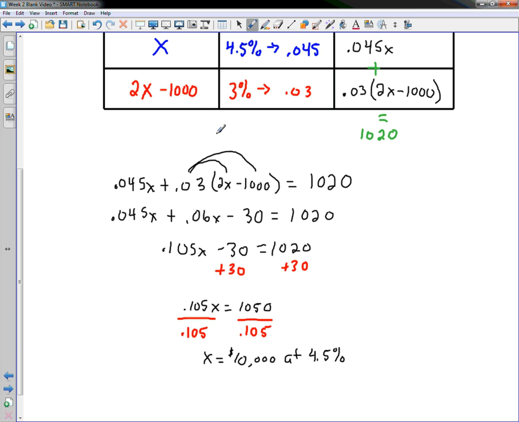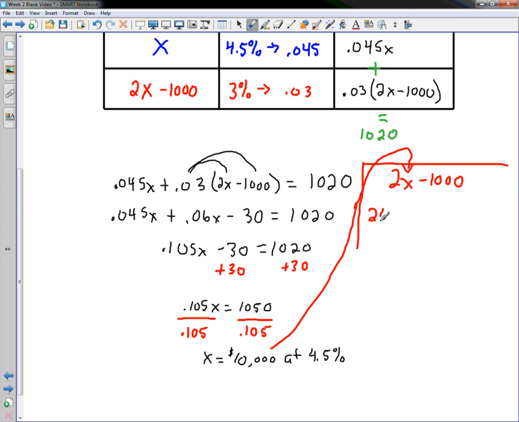To figure out how much was invested at 3%, we know it is 1,000 less than twice this amount. So off to the side, we have 2x minus 1,000. And we know that x is 10,000, so we put that in.